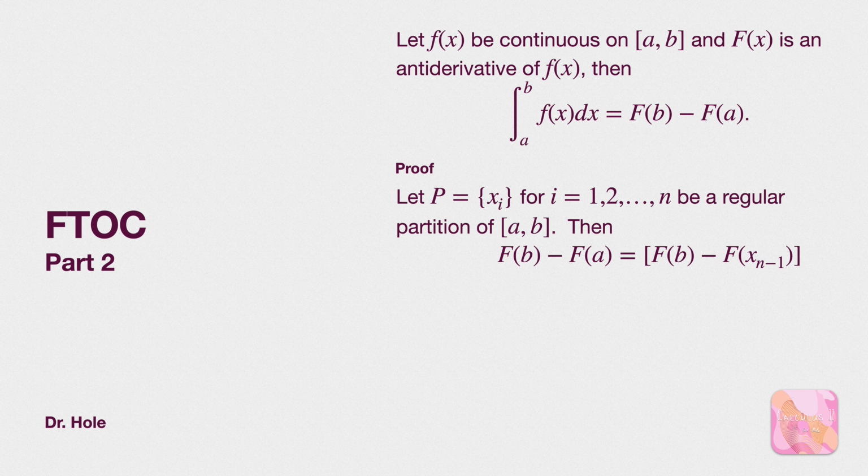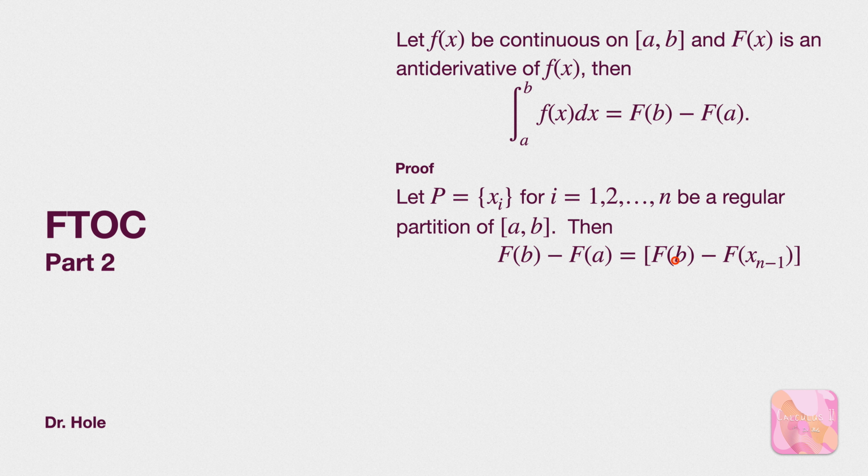All right. So, thinking back a couple of videos, we introduced the idea of a partition. Let capital P be any partition of A to B. Then write out this right-hand side, capital F of B minus capital F of A. Okay.